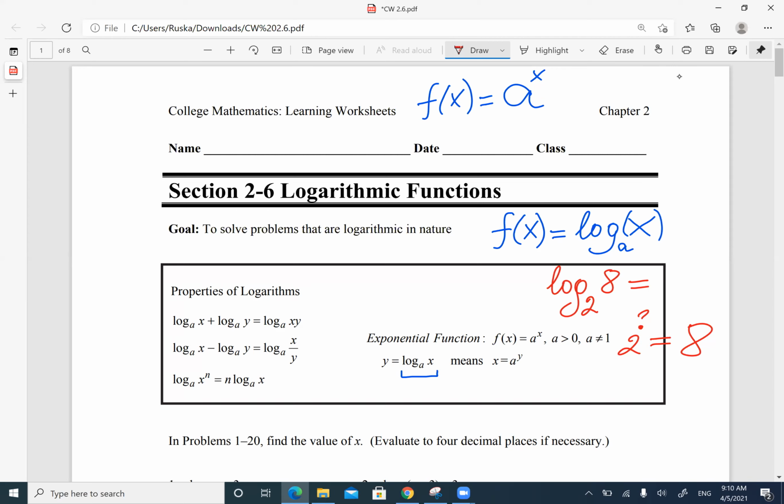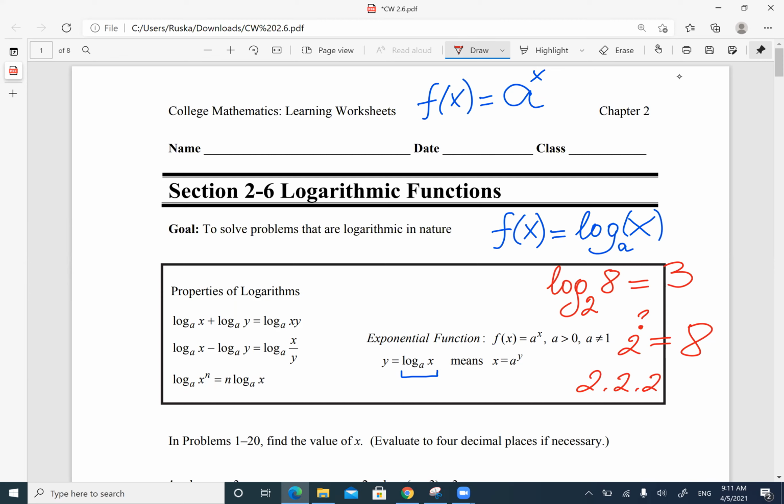How many times do you multiply 2 to get 8? How many times? 4? 2 times 2 times 2 times 2, is that 8? 3. Three times, that's correct. 2 times 2 times 2 is 8. So the exponent for 2 is going to be 3, which means logarithm with base 2 of 8 is 3. The logarithm gives me the exponent for the base to get that number.